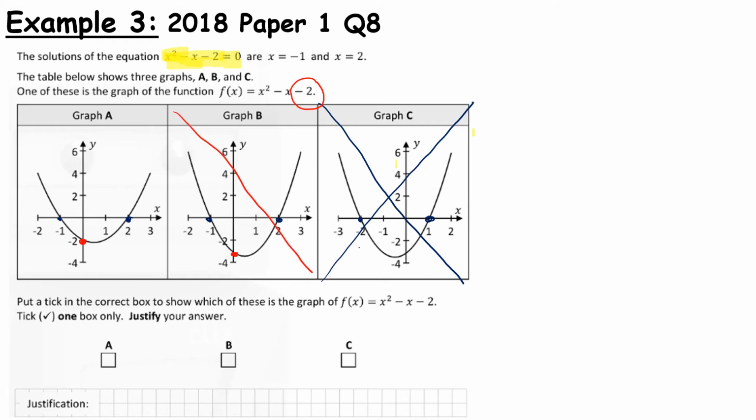So graph B is incorrect, meaning the correct function is graph A, and the reason is because the roots are correct. So roots are x equals -1 and x equals 2, and the second one is the y-intercept, so that is equal to the constant. So this is equal to -2.